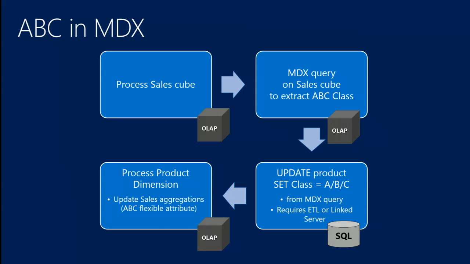Then using an MDX query on the sales cube, I grabbed the products in class A, B, and C. And then with this information, I updated the SQL table and reprocessed only the product dimension. So I got the best out of the two worlds, SQL and MDX. But it was not easy to build. It took some time to create the solution, build it, schedule it, and make everything work.